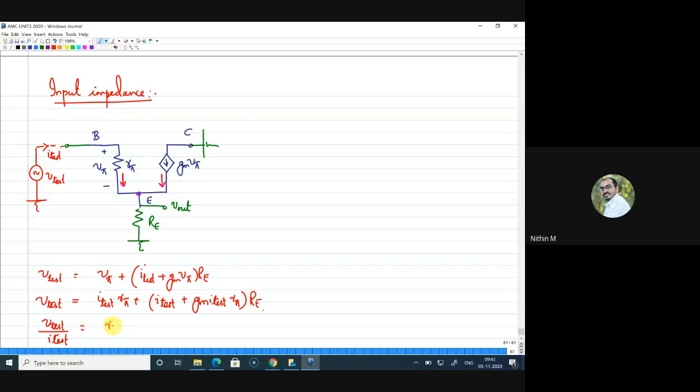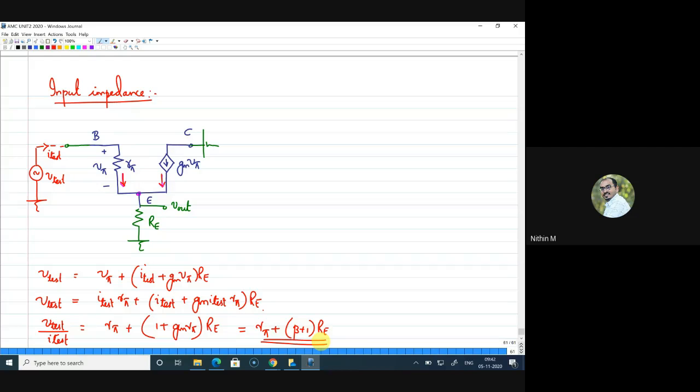That is equal to, first term it is R pi plus here it is 1 plus GM R pi into RE, or this can be written as R pi plus beta plus 1 into RE. R pi plus beta plus 1 into RE, and yeah, so this is the input impedance expression for common collector. So any doubts in this?